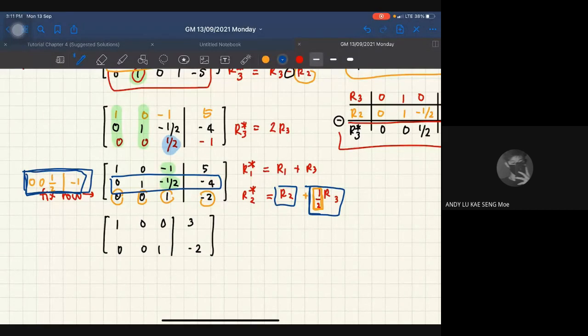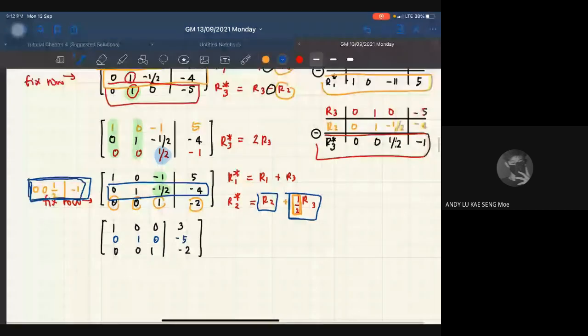Okay, so awak akan ada 0 tambah 0 is 0 and then 1 plus 0 is 0 and then negative 1/2 minus 1/2 you get 0 over here. This one is 1. Okay, and then negative 4 over here plus negative 1 kat sini. So awak akan dapat negative 5.